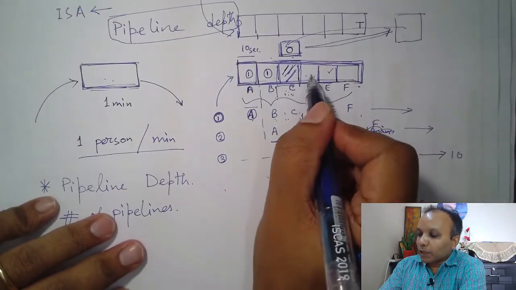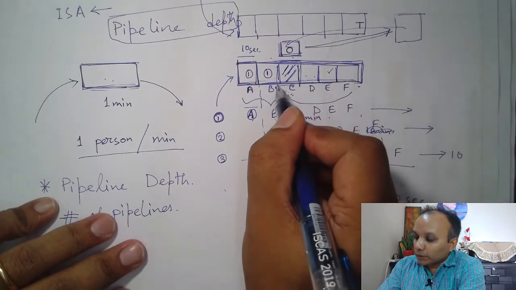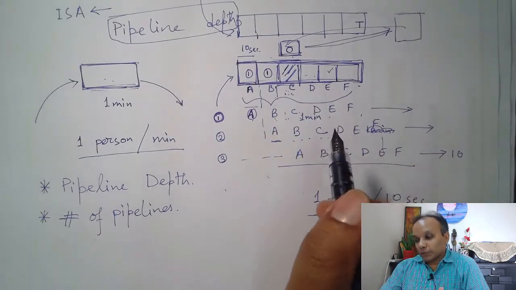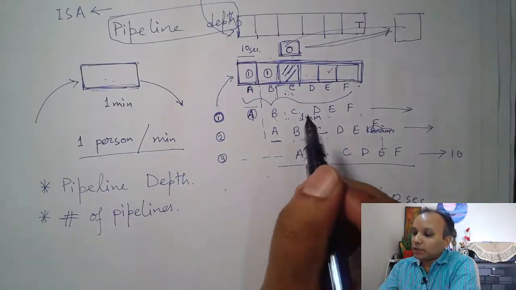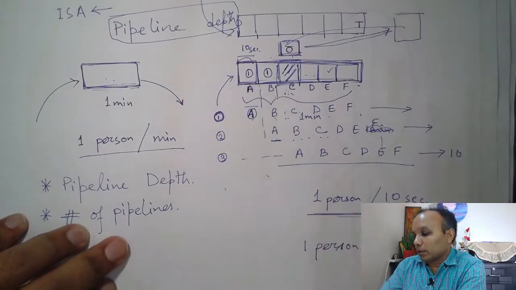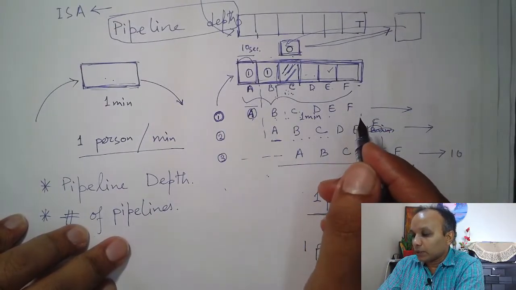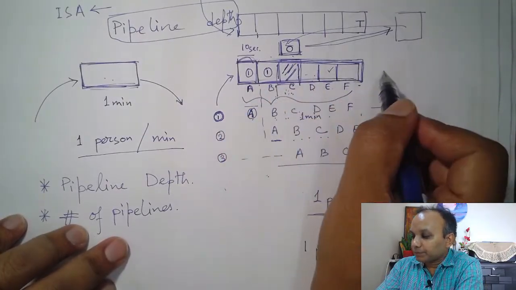So to overcome that, most of the RISC processors look at the stage which takes the maximum amount of time, and that stage determines the speed at which your information will move in the pipeline, or in this case the person will move in the pipeline. Alright.